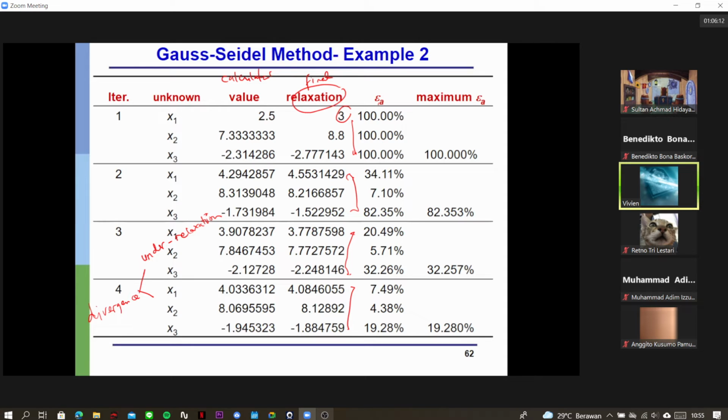But if, for example, we have a system which can obtain a solution using Gaussian elimination or LU decomposition, it actually has a solution. But when we apply Gauss-Seidel, because an iterative method is more prone to divergence, it can sometimes lead to divergence. It means that the problem is not with the system.